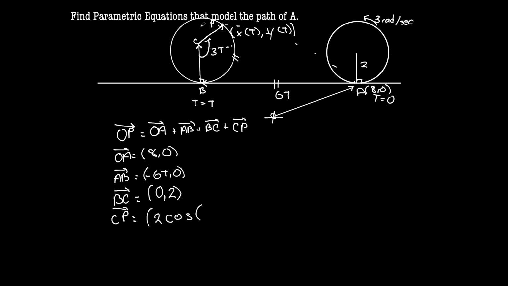So in order to look here, we're going to want to subtract pi over 2, bringing us looking at B, and then add 3t, so that we are looking at P. Then we mimic this, but instead of cosine, we use sine for the y.